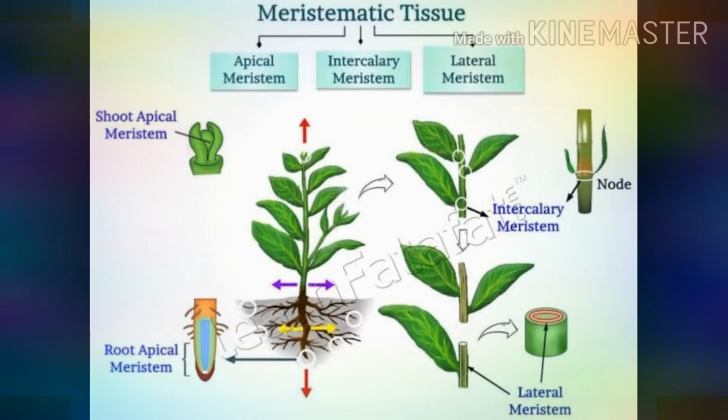Usually the meristematic tissues are found in apexes. Apexes means nothing but tips of a plant. Tips of some parts like stem, root, leaf are where meristematic cells are found. So obviously it will help to improve the growth of a plant.